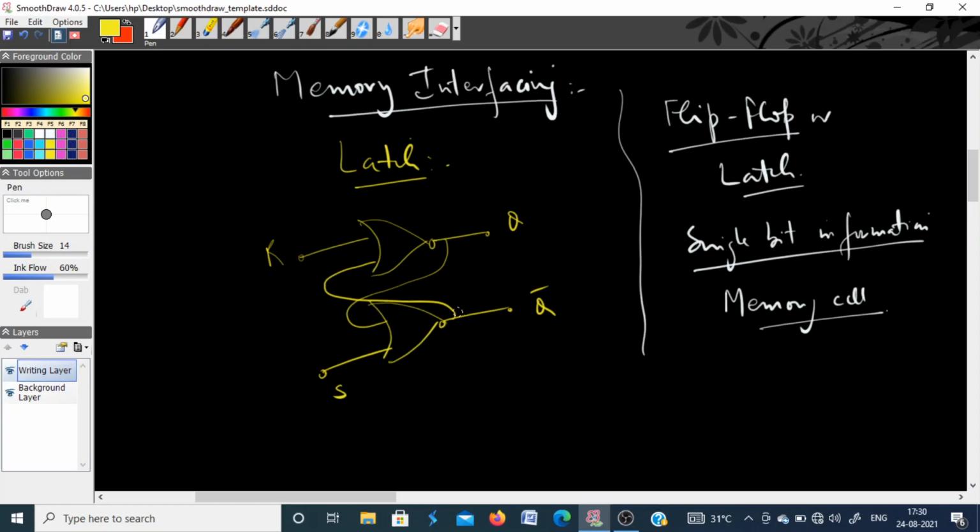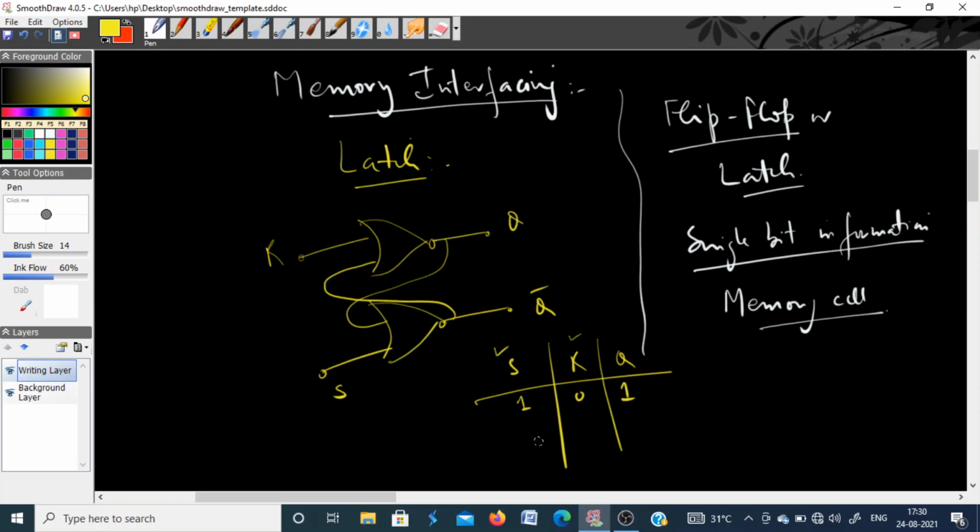And you know the truth table for this. S and R are called set and reset, and you have Q as output. If you apply a low to high pulse to the set input and a high to low pulse on the reset input, the output is set, Q is set to 1.